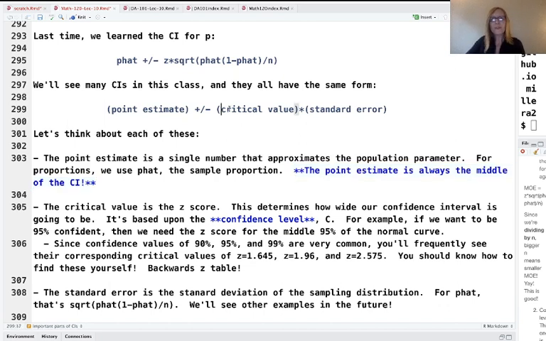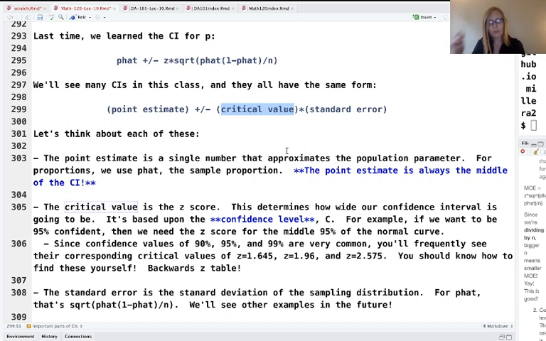Next really important thing is the critical value. And that's that z-score that we've been finding in all of these problems. The critical value is how we express confidence in our confidence interval. It's a z-score, and specifically, it's the cutoff for the middle whatever percent. We've done middle 90%, middle 95%, middle 99%.